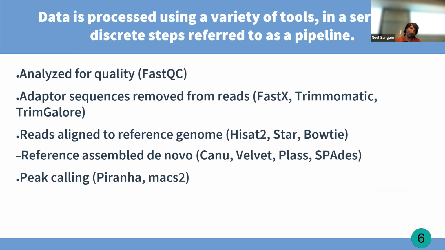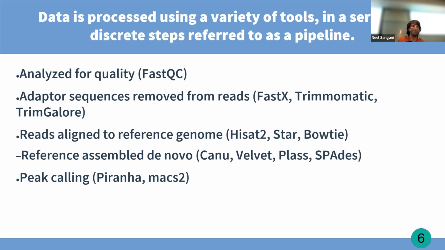All right. So this is the traditional pipeline for NGS analysis. There are a variety of different steps, and at each step there are a host of different tools. I've listed just the ones that I'm familiar with and have used personally, but this is by no means exhaustive.